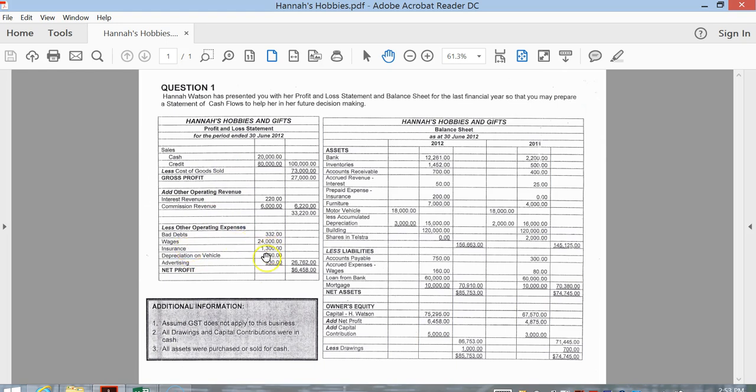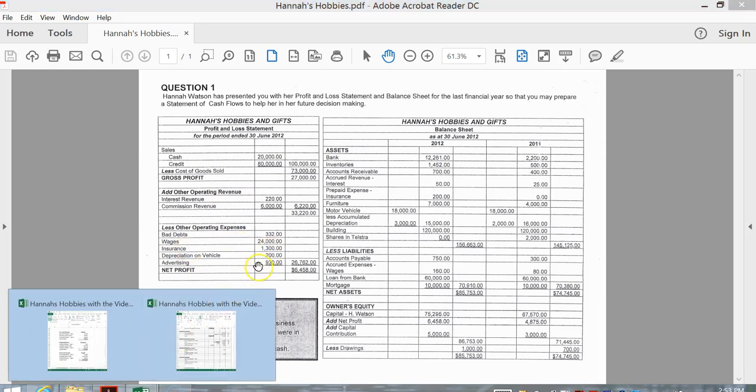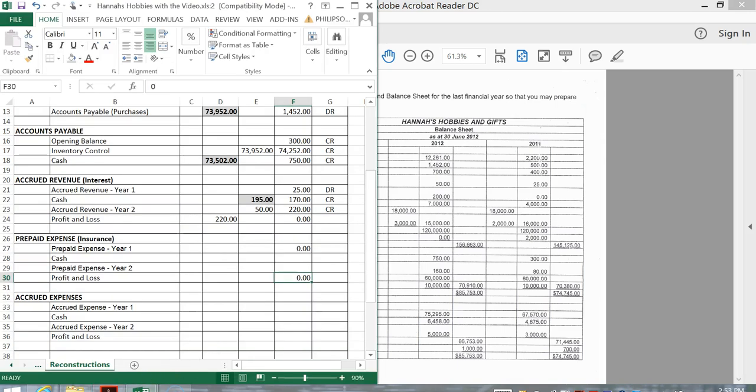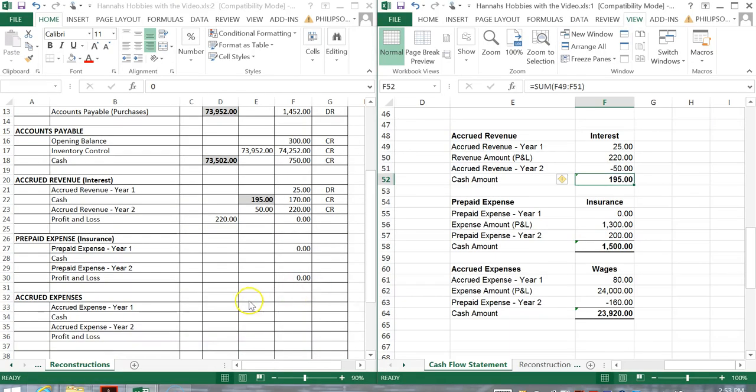Insurance, 1,300. 1,300 is an expense, so typically it would be a debit. Therefore, as we're working backwards, it's going to be 1,300 credit. Okay, so then this balance on the previous line must have been 1,300 debit. 1,300 debit minus 1,300 credit gives us this 0 balance.